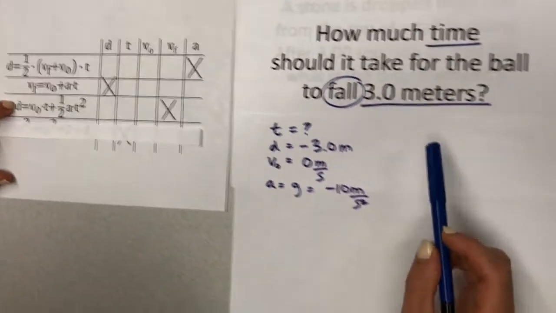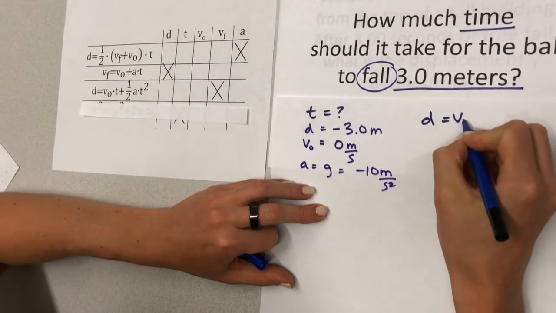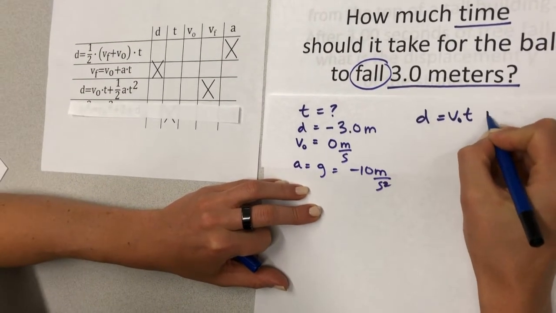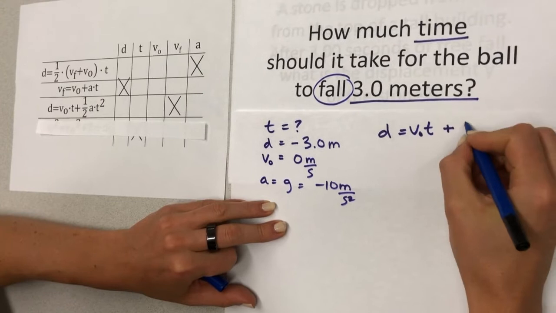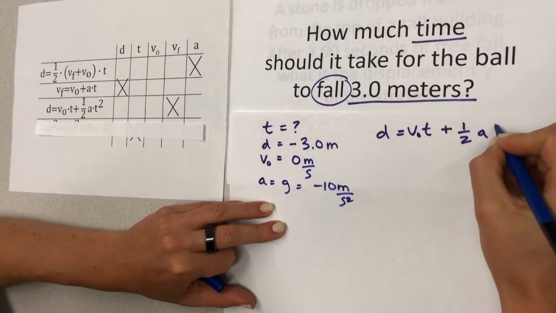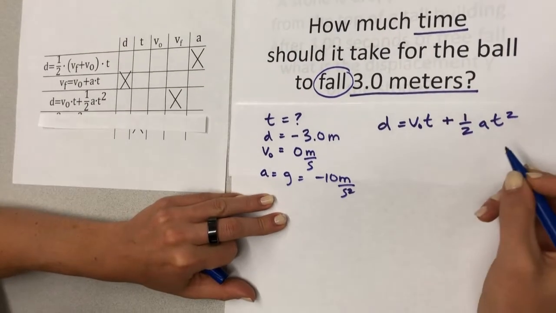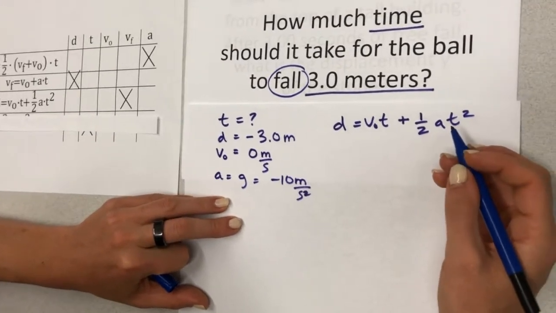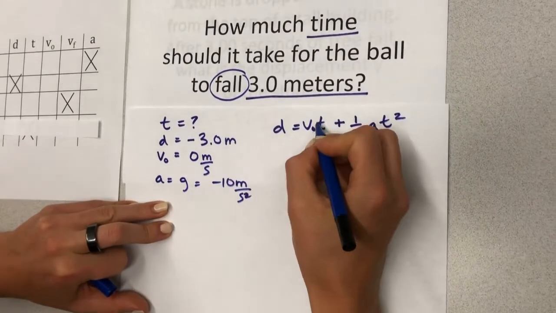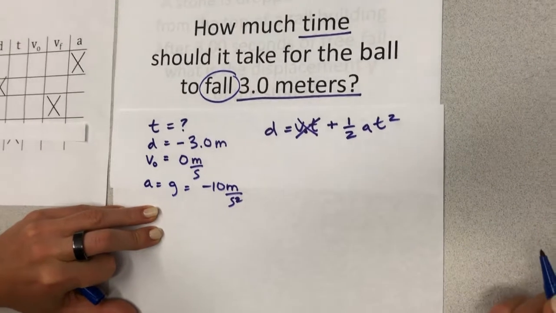So I'm going to write that over here: d equals v naught t plus 1/2 a t squared. And remember the other day we talked about that amazing little thing? Because our initial velocity is 0, we can just forget about this term.